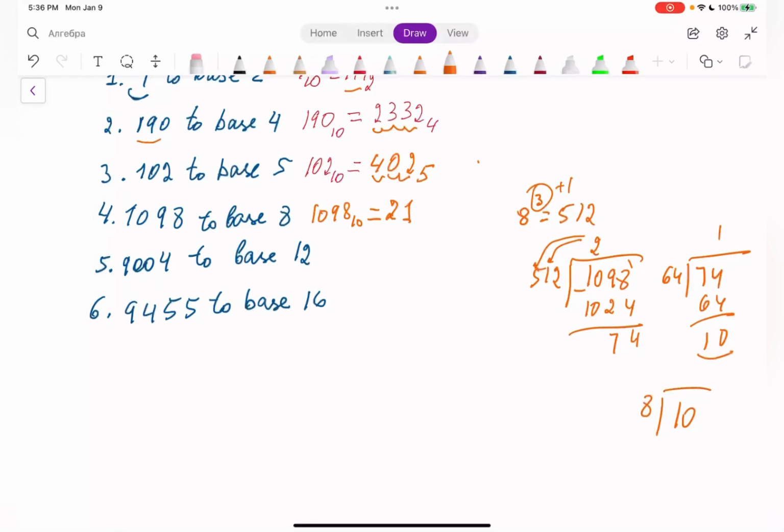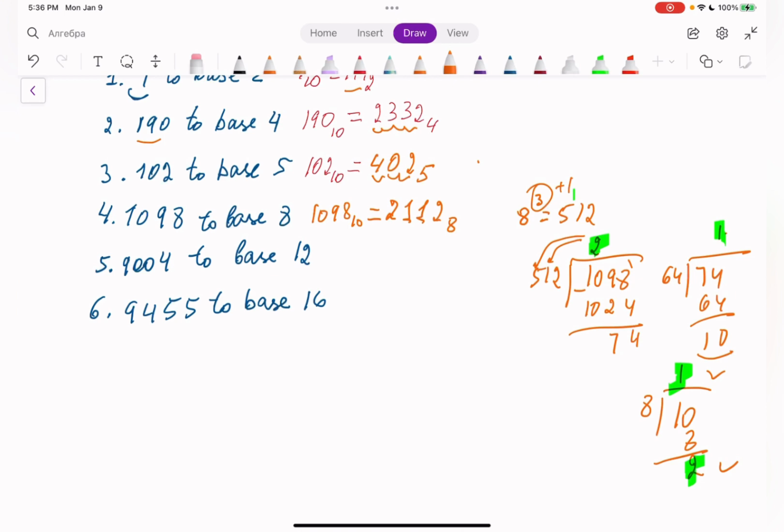Dividing by 8, I'm getting 1 times 8. The remainder is 2. How many digits did I get? 1, 2, 3, 4. And we said 3 plus 1 is 4. So we got 4. Okay, we are fine. So it's going to be 2, 1, another 1, and then this 2 in base 8.